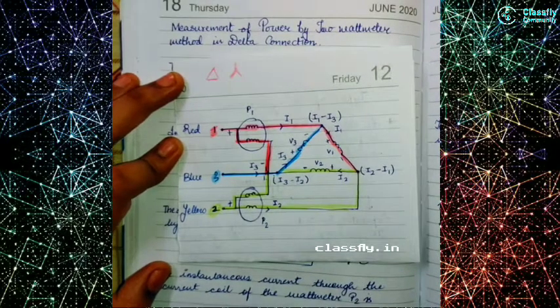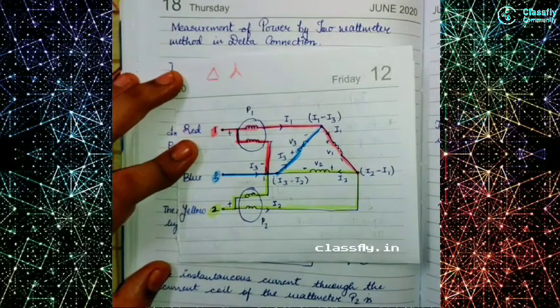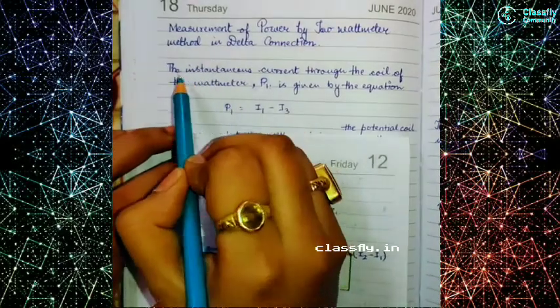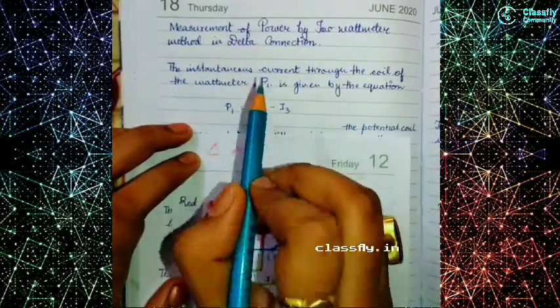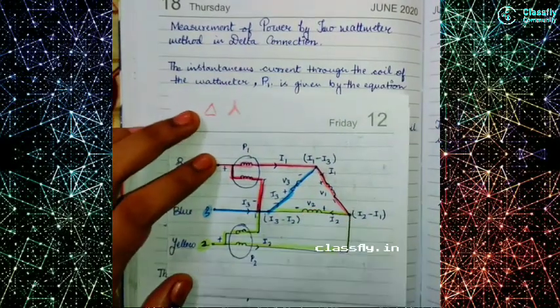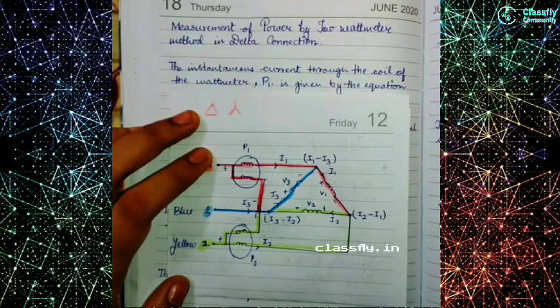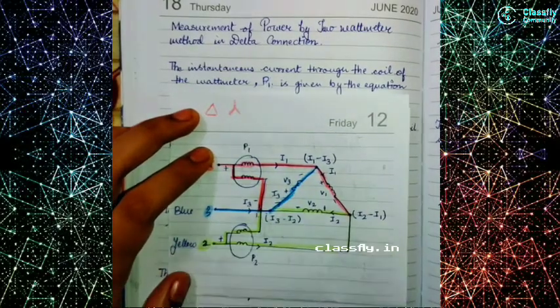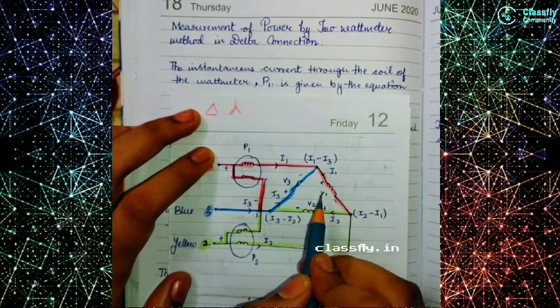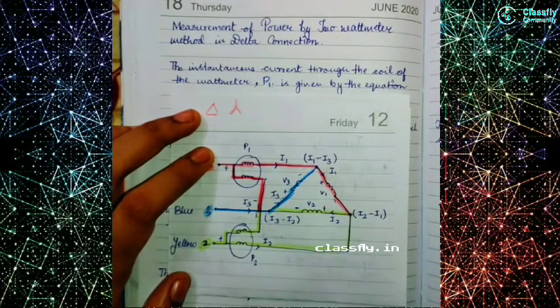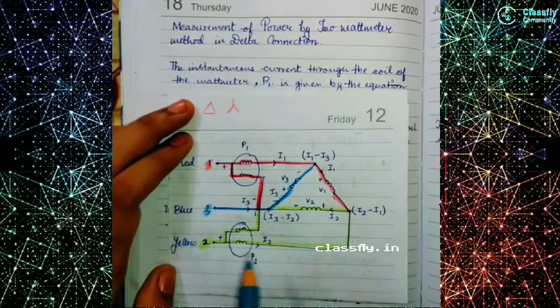Okay, so let's begin. It says that the instantaneous current through the coil of the wattmeter P1. We have already done the terms defining the star connection, so let's revise here. This P1 is wattmeter 1, this P2 is wattmeter 2. V1, V2, V3 are the 3 loads, I1, I2, I3 are the 3 currents of these supplies.